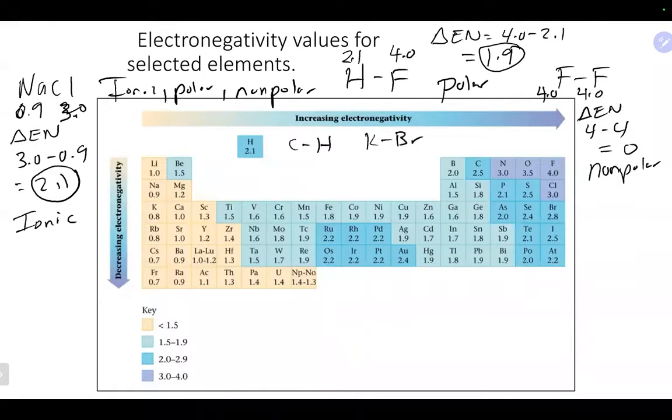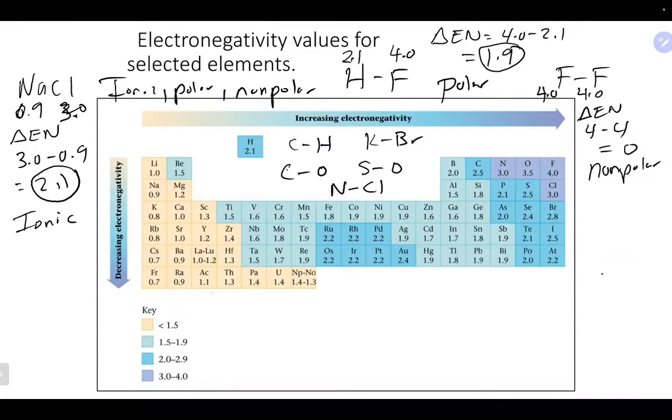Let's do carbon and oxygen bond. Let's do sulfur and oxygen. And let us do nitrogen and chlorine. For each of these bonds, basically use the electronegativity values and determine, is it ionic, is it polar, or is it a non-polar bond?